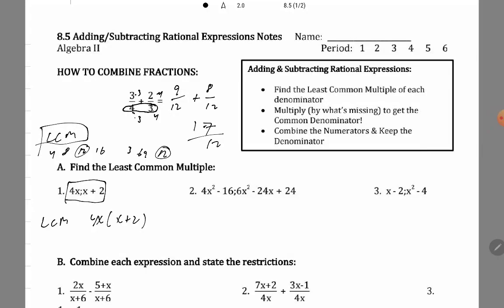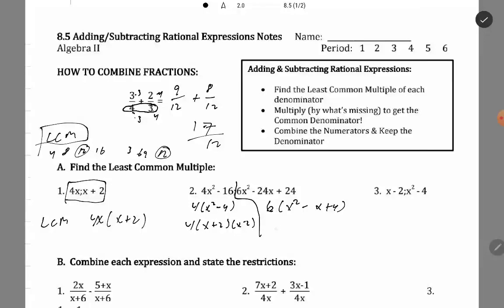So the first thing you want to do with these is make sure you factor. So I'm going to pull out 4 from the first, and I'll get x squared minus 4. So it'll become 4 times x plus 2, x minus 2. And then on the right side, pull out a 6 and get x squared minus 4x plus 4.